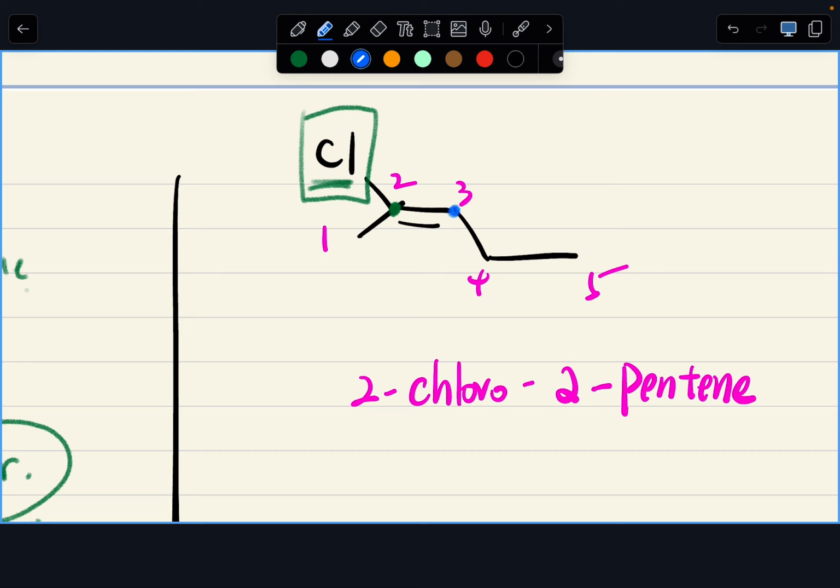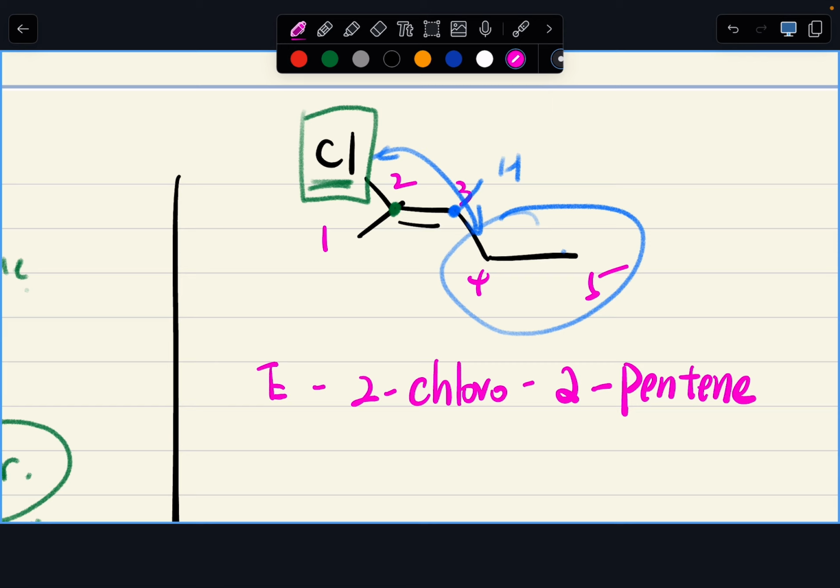And focusing on the right carbon, you have either an ethyl group or a hydrogen. So among the ethyl group and the hydrogen, your ethyl group is a higher priority group. And then you're looking at the relative position. You'll be like, okay, so the Cl and the ethyl group are on different sides of my molecule. So this one is an E isomer.